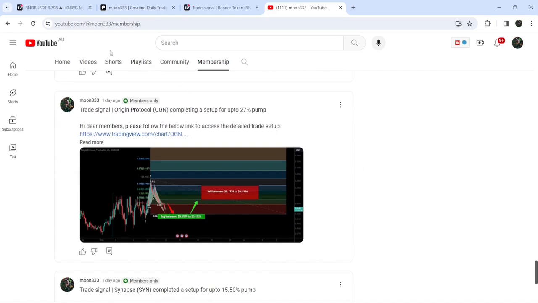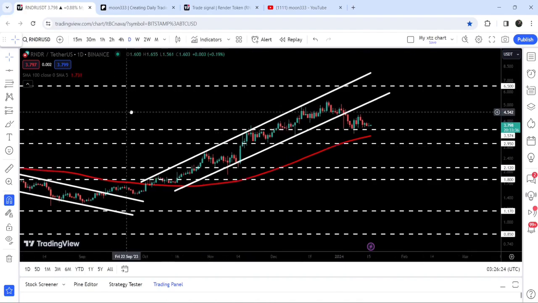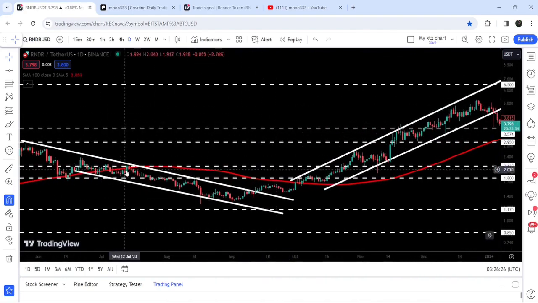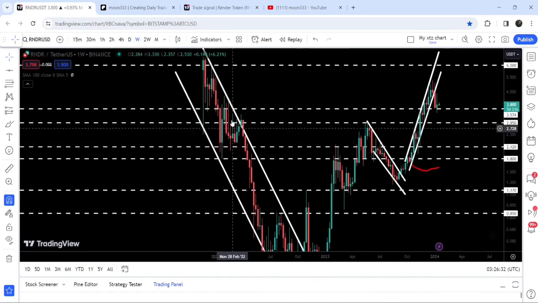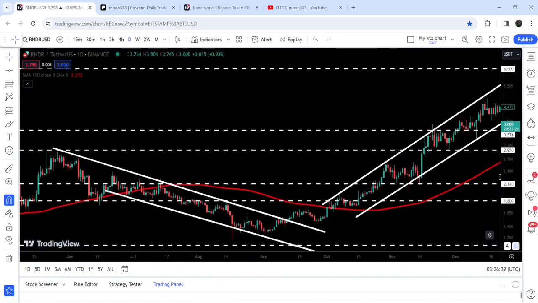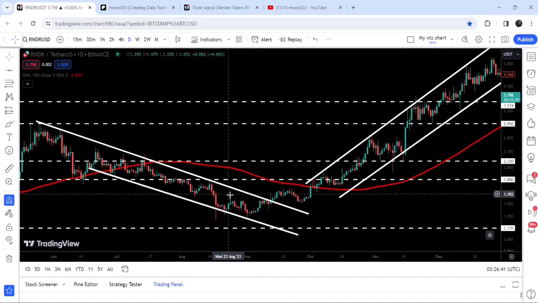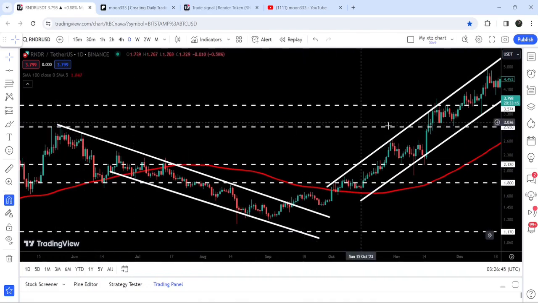Well, let me take you to the live chart of render, and this is the daily time frame chart. And a few days ago, you can see it was moving inside this down channel on the daily time frame chart. By the way, after that, I will also show you this huge breakout from this big down channel that has happened on the 7 days time frame chart. Right now, we are watching this daily time frame, and here you can see that previously it broke out this down channel. The target for this breakout was here at the top of the channel.